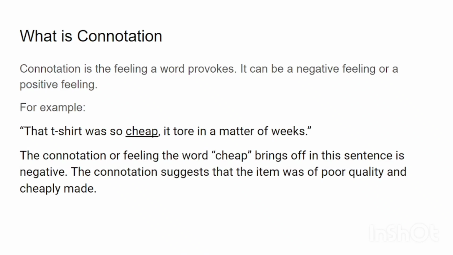When you're reading an essay, depending on how the author uses the word, you can know whether he has a positive or a negative feeling toward something. In this case, the t-shirt was so cheap it tore in a matter of weeks. That's clearly a negative feeling. He doesn't like the shirt because it's, quote, cheap.